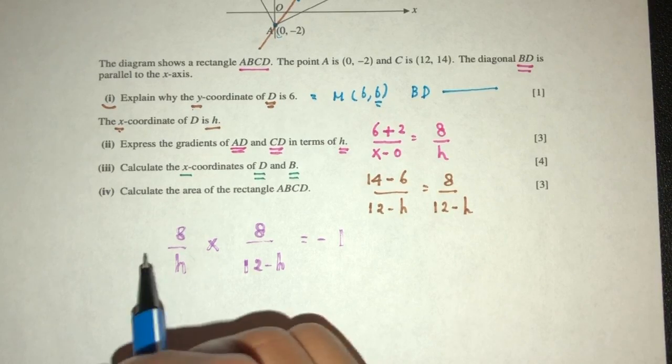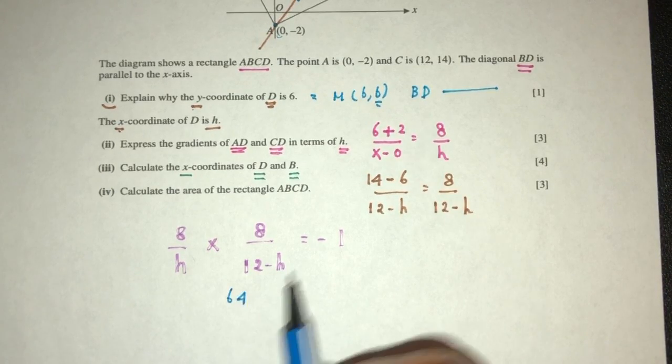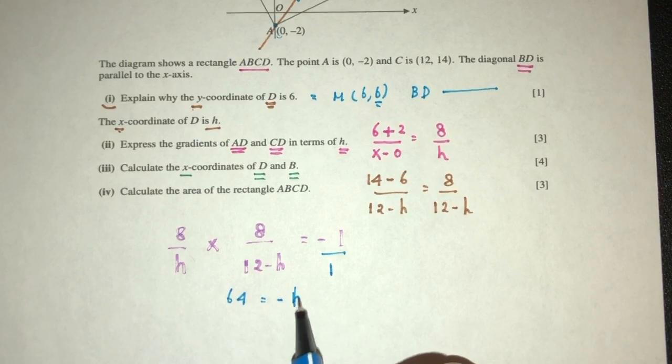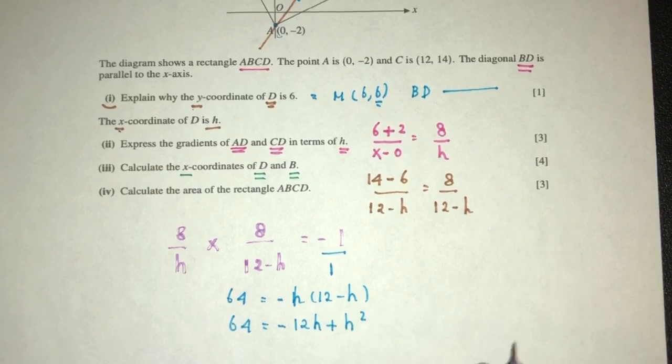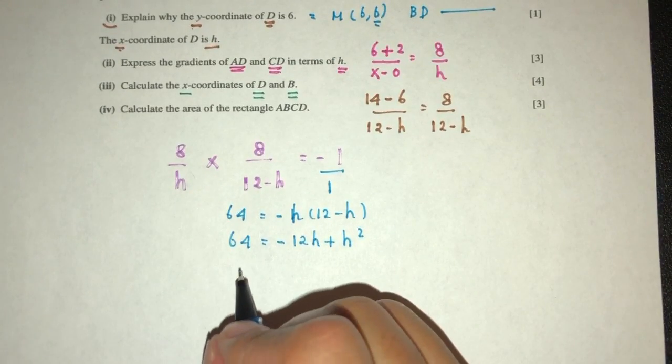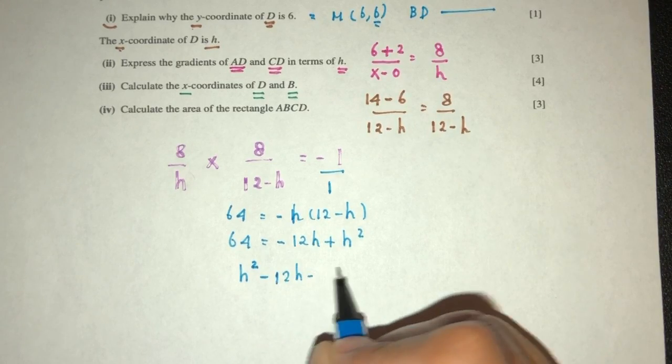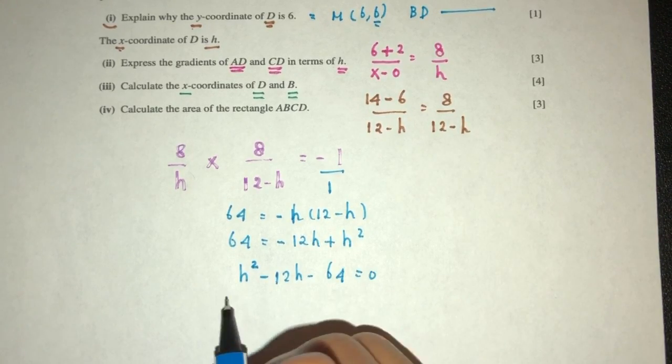So let's see what we get. We have 64, then we can just cross multiply. That will become minus 1 times h times (12 minus h). That will be 64 equals minus 12h plus h squared. Send everything to one side, and you will have h squared minus 12h minus 64 equals 0.